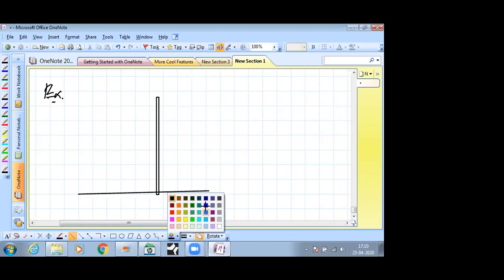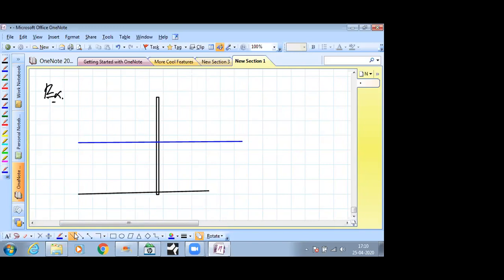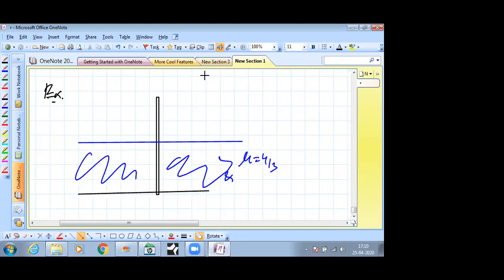So the water is up to a certain level. We know the height of the water level, and we know its refractive index is 4 by 3. Now it says that sunlight is incident on it at a certain angle. So sunlight is incident here at a certain angle.